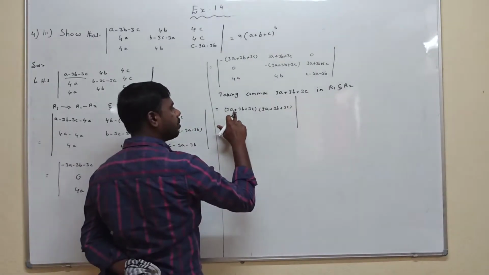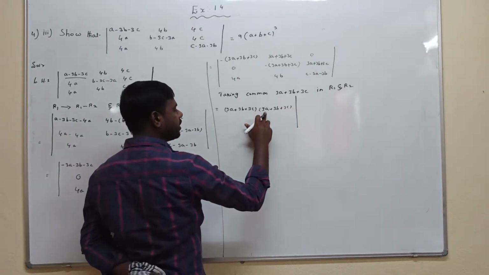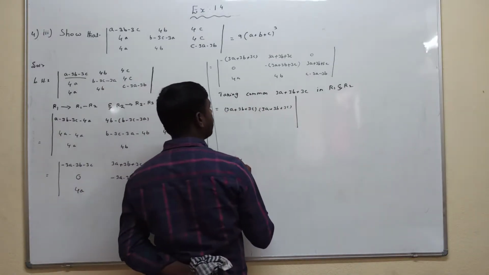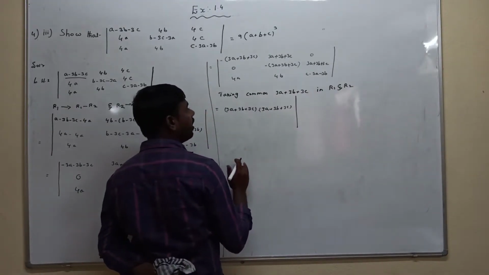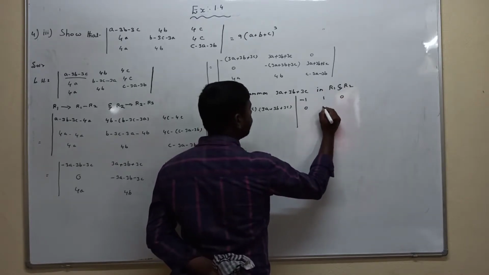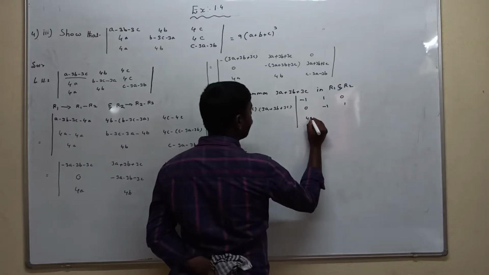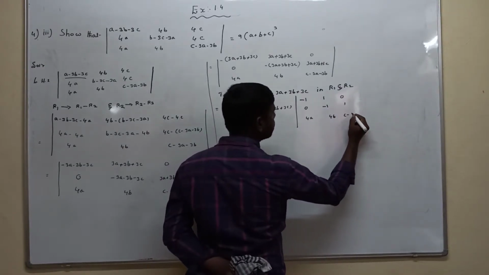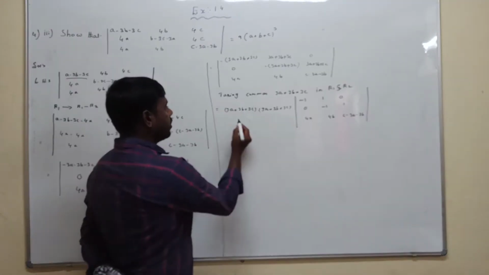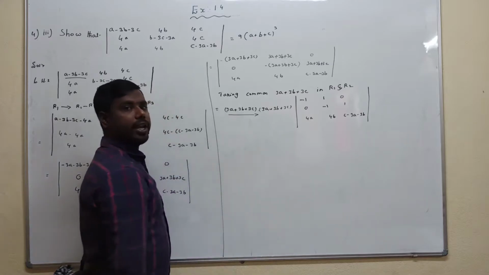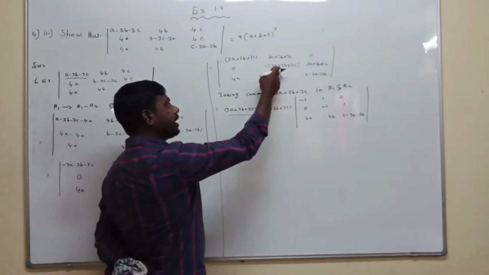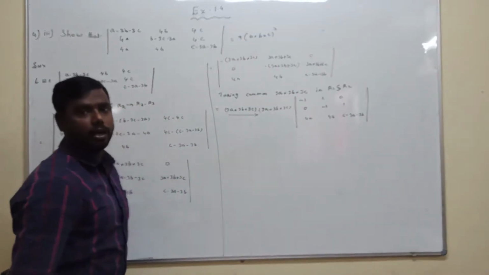So when you take 3a plus 3b plus 3c common, the remaining elements are minus 1, 1, 0, then 0, minus 1, 1, and 4a, 4b, c minus 3a minus 3b. One more 3a plus 3b plus 3c is taken from the second row.